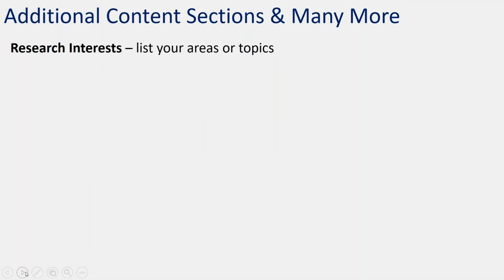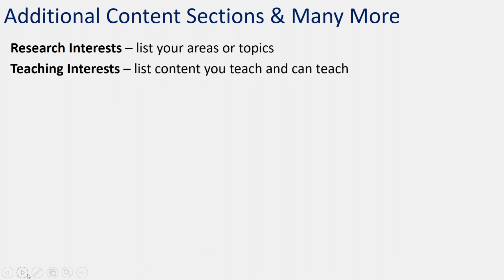There are so many possible content sections for a CV. We can't cover them all in this webinar, but there are a few more that I do want to mention. It's pretty common on a CV, especially for CVs that are being written for academic positions, to have a research interest and a teaching interest category.